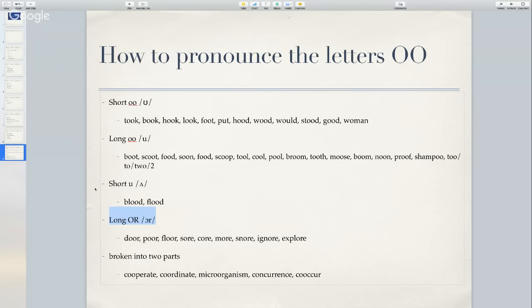Now, there will be many more combinations of this OR combination. I just wanted to kind of give you some quick examples and also to let you know that these words are pronounced the same, sore and saw.